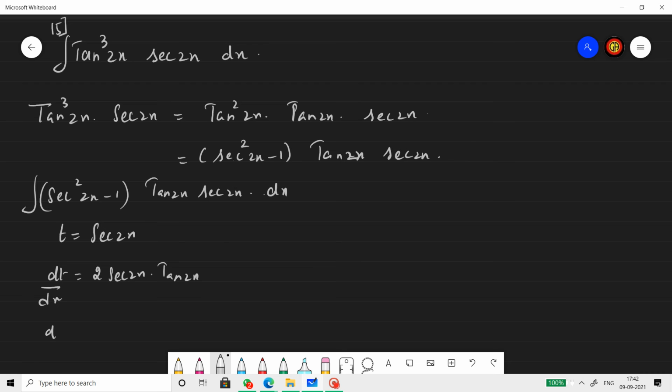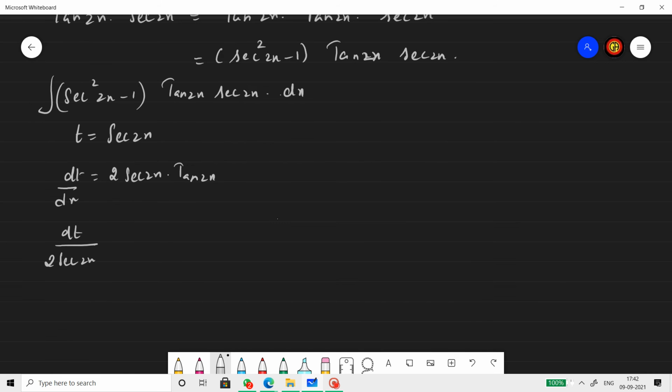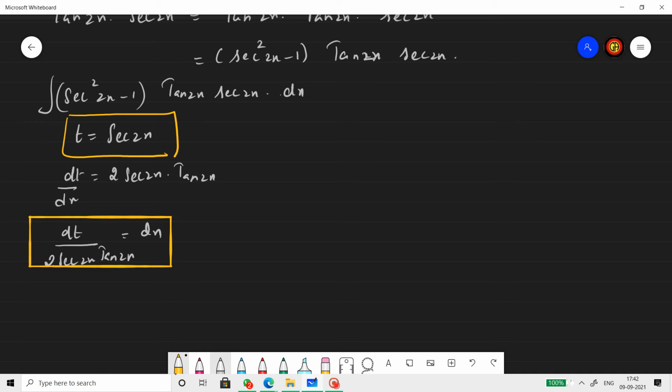That means dt by 2 sec 2x tan 2x equals dx. So let us highlight the t term and the dx term. Substitute it in the question. You will get integration of t square minus 1 into dt by 2.